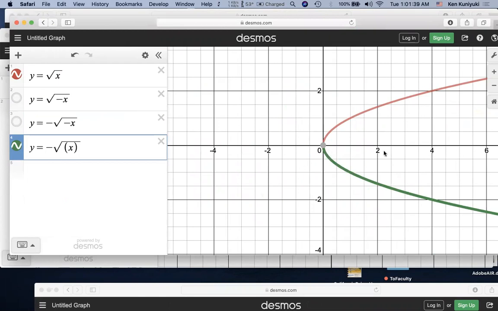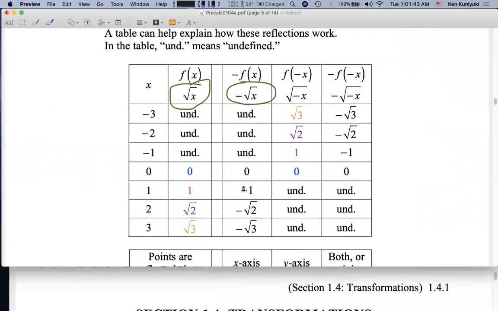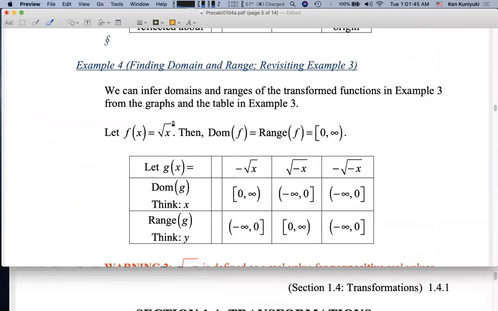Well, the domain stays the same, the non-negative reals, but the range is flipped upside down. And we see that over here, from y equals root x to y equals opposite of root x. Domain stays the same, non-negative reals, but the range is flipped upside down.